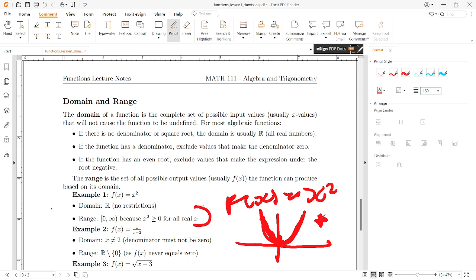So they are all positive, starting from the origin towards infinity.